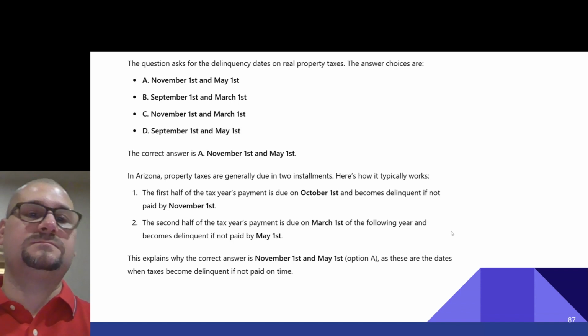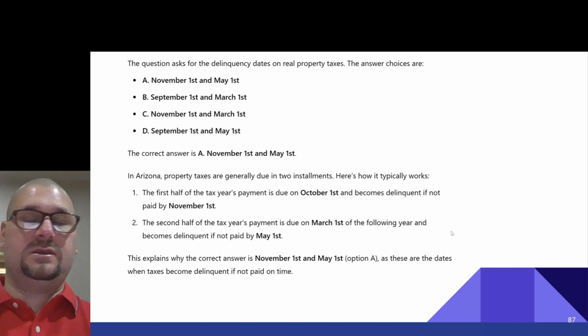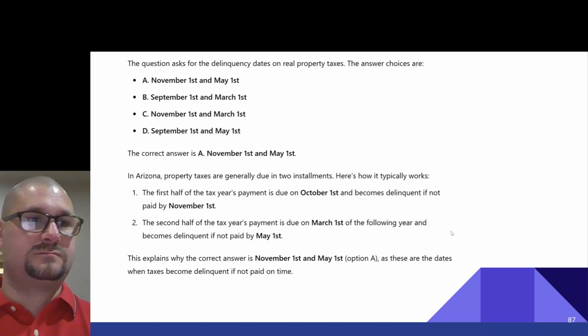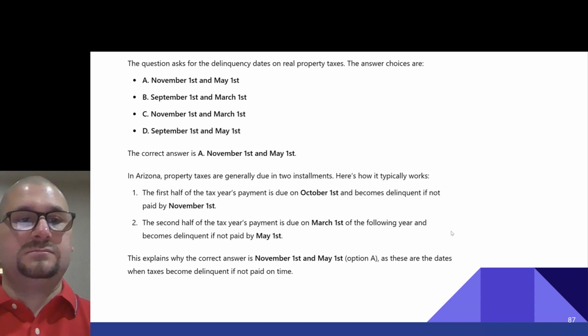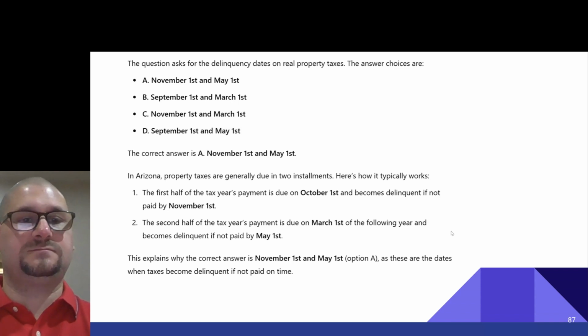November 1st. The second half of the tax year's payment is due on March 1st, and it becomes delinquent if it's not paid by May 1st, right? So the end of Halloween, it's delinquent, November 1st, and the end of when school gets out, May 1st.